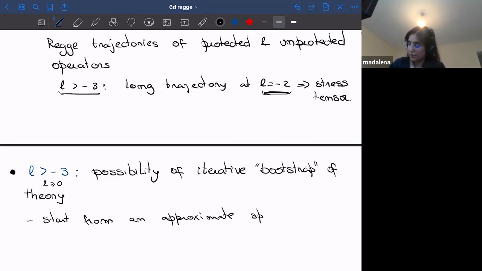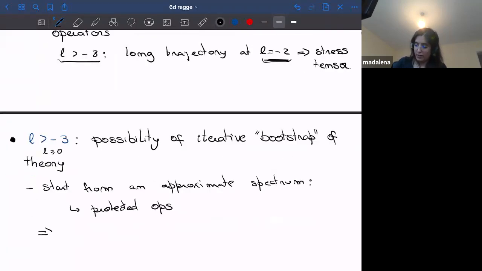And in a supersymmetric theory, there's a natural candidate for this, which is just to say, I know the protected operators. And now we invert, and we get everything out of this.